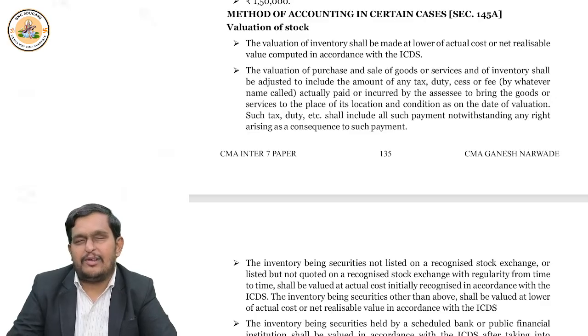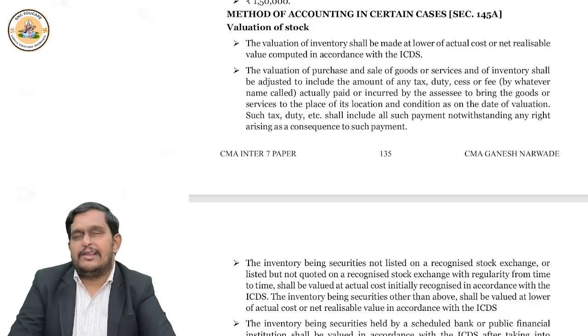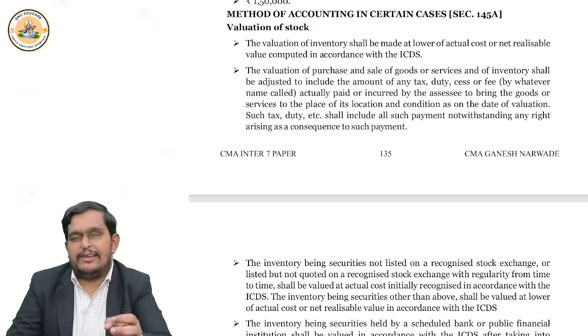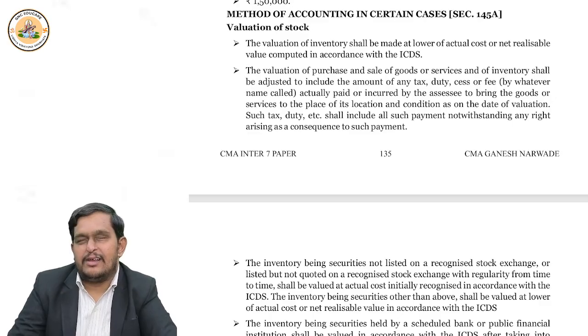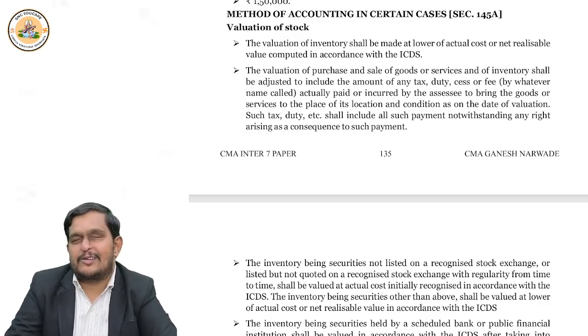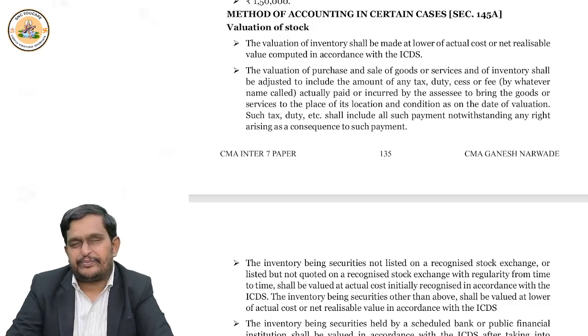Suppose you are purchasing some jewelry. So on jewelry, there will be some service, right? Like installation... for jewelry there is no installation, but designing will be there. Suppose you purchase an AC, then installation service will be there, right? Transportation service will be there. That's why they use service as a word here. Okay. So in relation to that, if there is any tax, duty or such, add it to the cost.